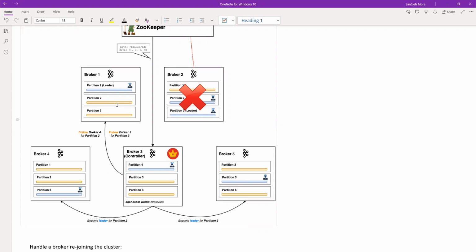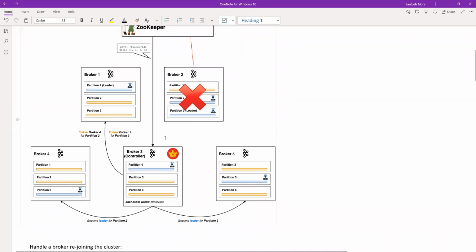Therefore, whenever broker 2 comes back again, that broker 2 had partition 2 and partition 3, which were the preferred leaders. This information is also stored in ZooKeeper. When this broker comes back, broker 3 knows that these leaders were recently reassigned to other brokers, like broker 4 and 5.